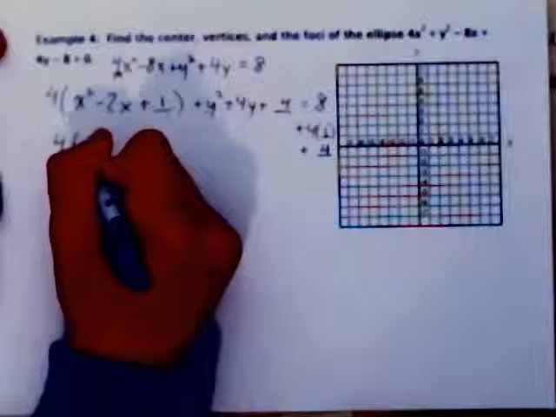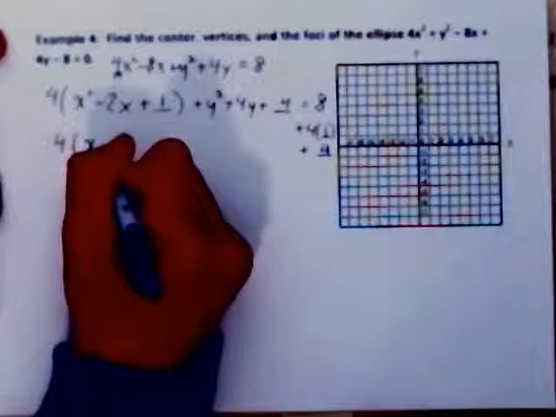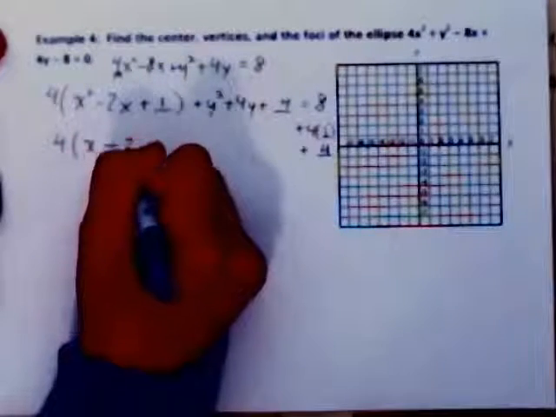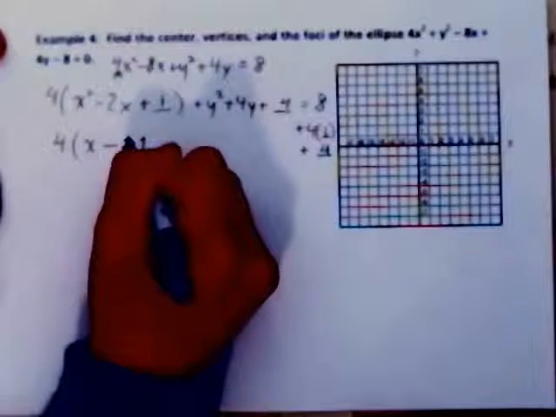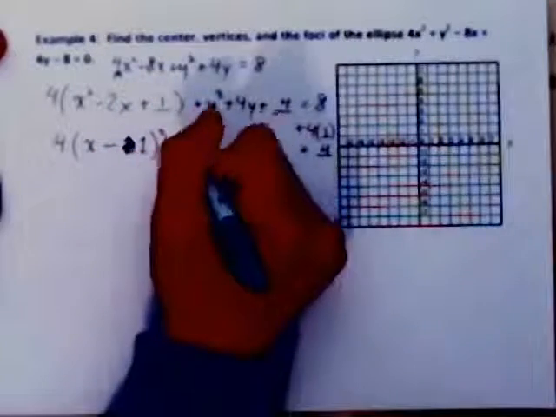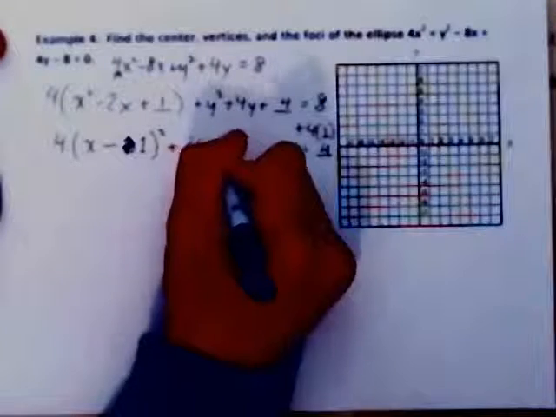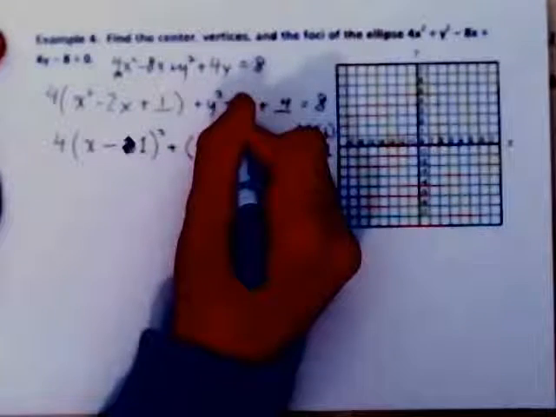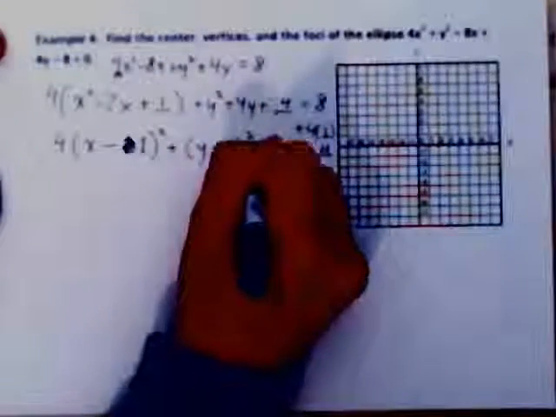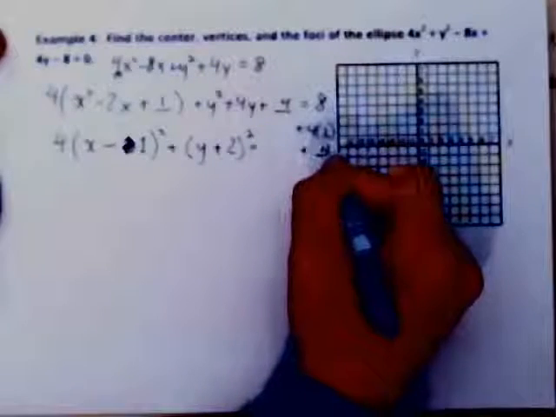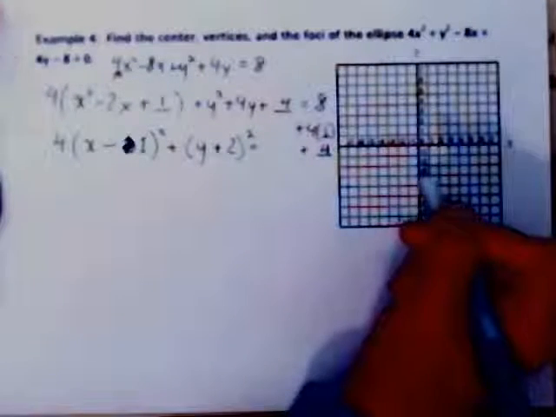The first factor becomes x minus 1, since 2 divided by 2 is 1, squared, plus y plus, half of 4 is 2, squared, is equal to 8 plus 8, which is going to be 16.